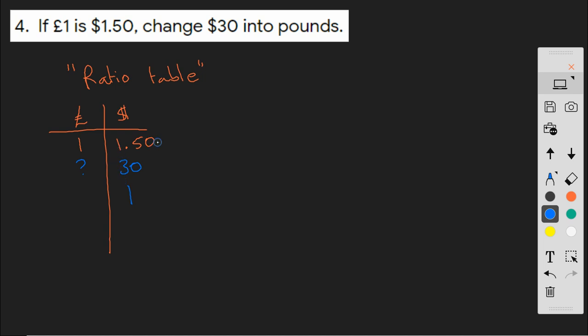Now I know if $1.5 is 1, then $1 is going to be 1 divided by 1.5. And then if I want $30, I'm going to take this amount here and multiply it by 30.